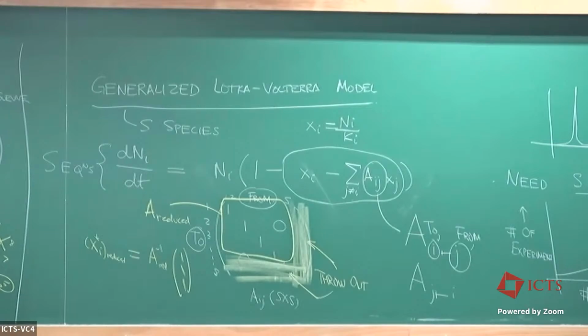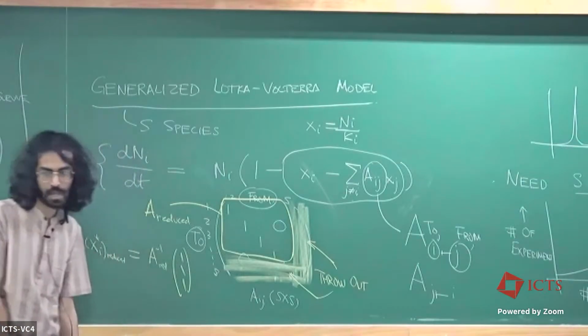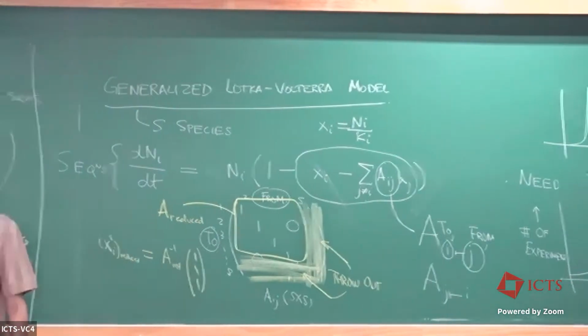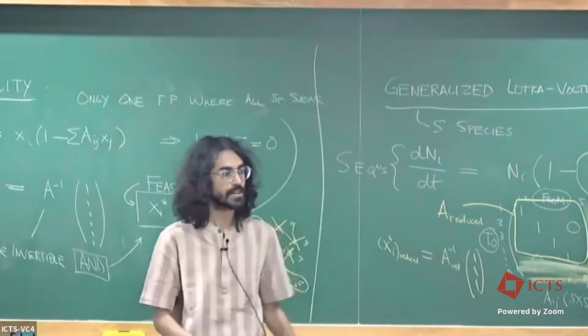So that often works in practice. This can be done for any of the other fixed points also, for all 2 to the s fixed points, because there are 2 to the s different ways of taking subsets of this matrix. So if you knew which fixed point you are looking for, you just need to ask which species survive and which go extinct.